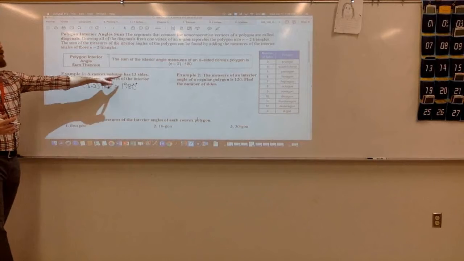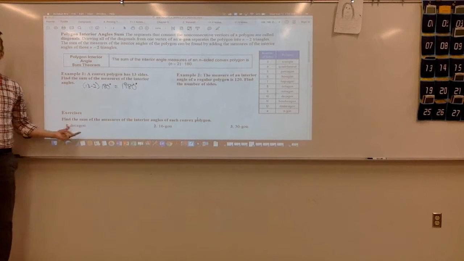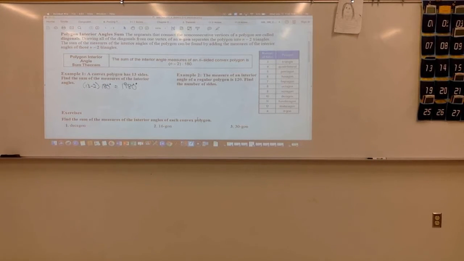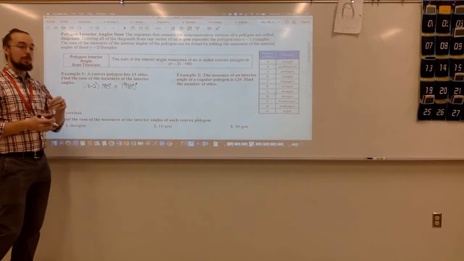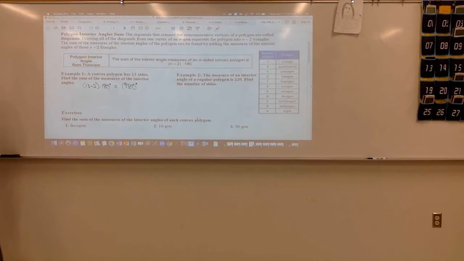So if I were to add up all 13 angles on the inside of any 13-sided shape, no matter what that shape looks like, I would get 1,980 degrees.